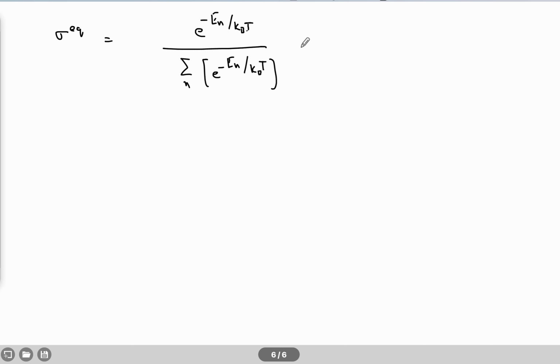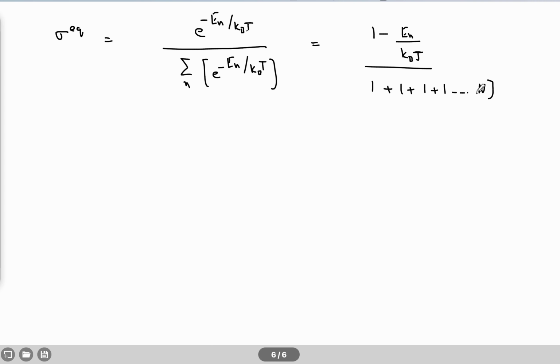Now if I expand this using Taylor's expansion and apply the high temperature approximation, I can write this as 1 minus En divided by kBT. Because this is for n states, I can write it as 1 for each state, so 1 plus 1 plus 1 up to n.